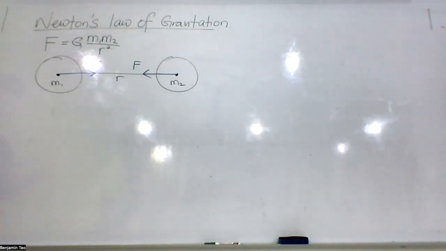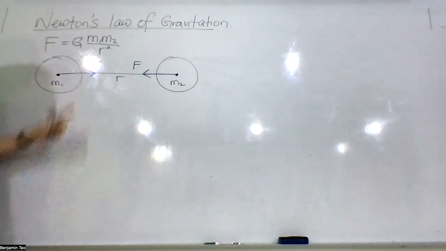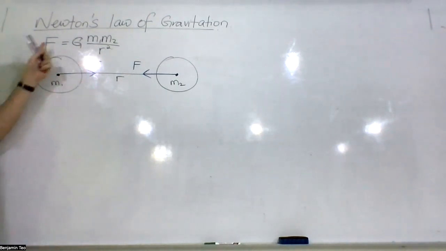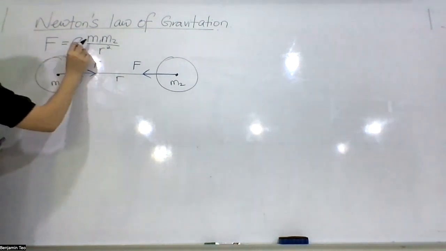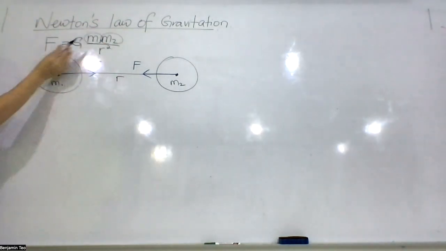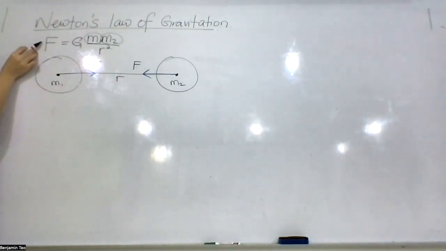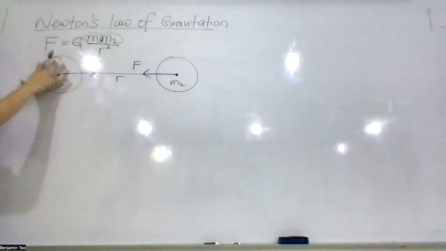Okay? Now, he says that this is the force and it can be calculated by using this formula here. And notice that this formula depends on the product of the masses. Whenever one mass increases, it will increase the force value. This increase, it will increase.